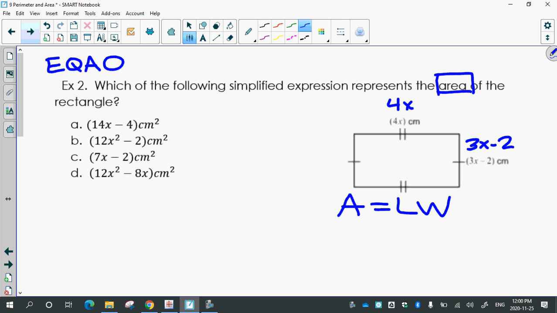Perfect. It's a good reminder that we're multiplying.